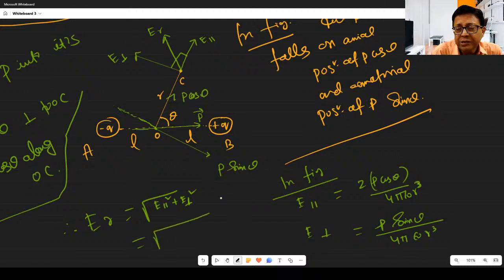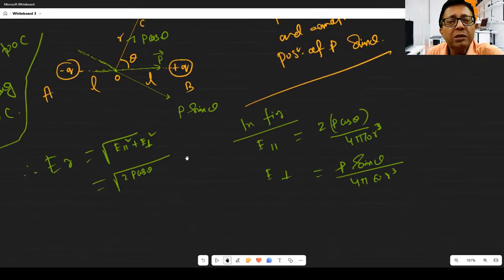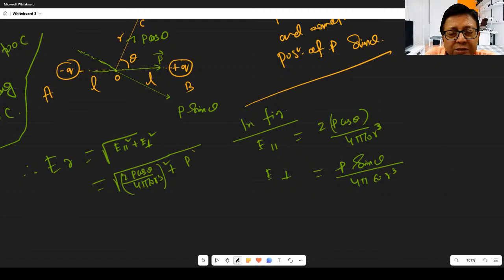That is 2p cos theta by 4 pi epsilon 0 r cube whole square plus p sin theta by 4 pi epsilon 0 r cube whole square.